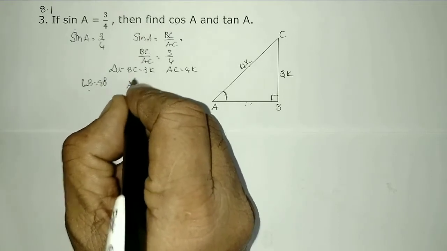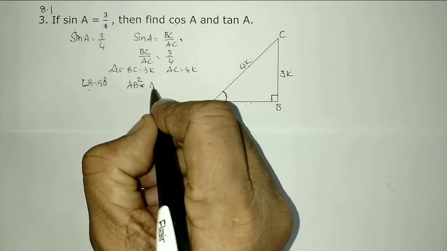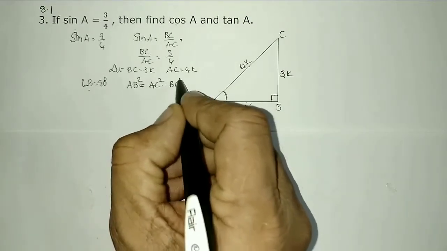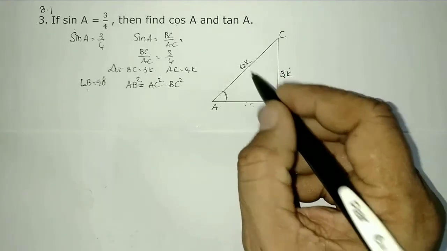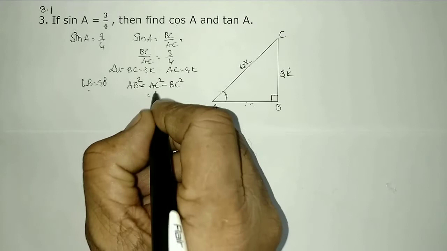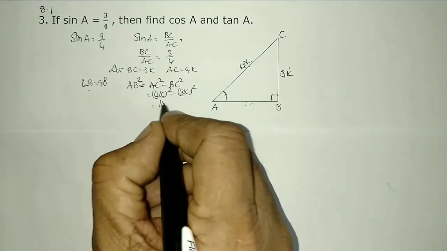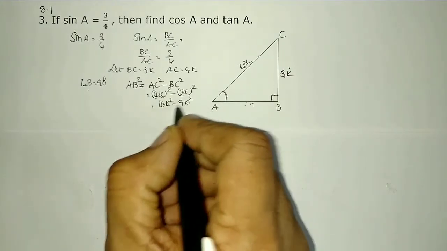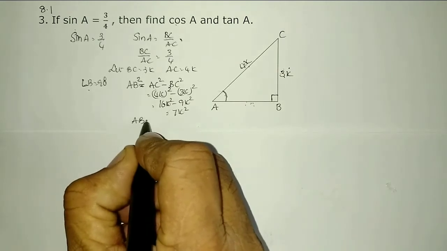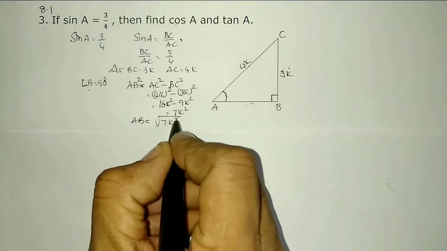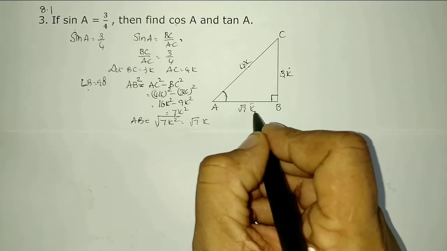Therefore, AB square equal to hypotenuse AC square minus BC square. 4K whole square minus 3K whole square, 16K square minus 9K square, 7K square. So AB equal to root 7K square, root 7 times K.